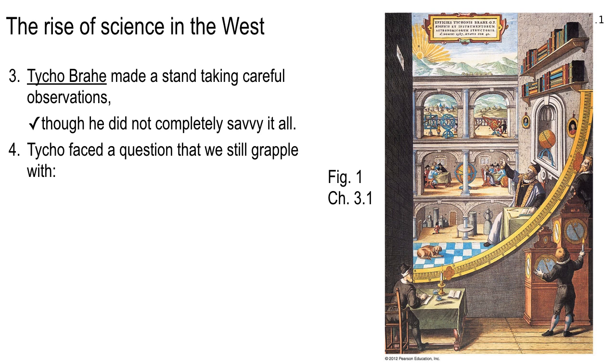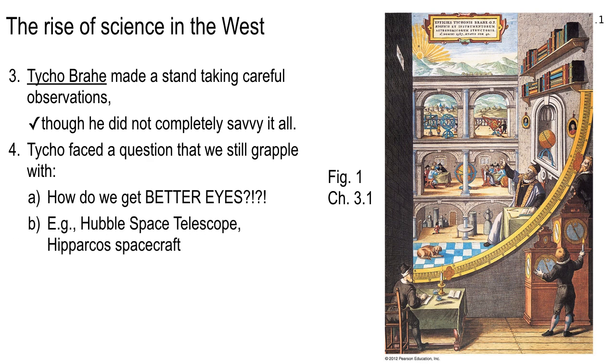But he faced a question that we still grapple with in our day. And that is, how do you get better eyes on the universe? We're constantly developing new ways to observe and more precise ways to observe. You know, for instance, the Hubble Space Telescope, and something that's in orbit now but is defunct, the Hipparcos satellite.